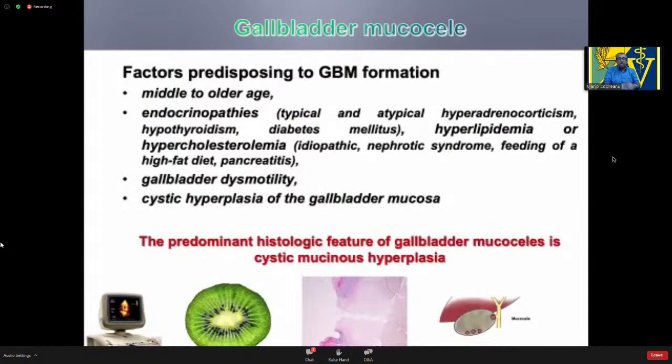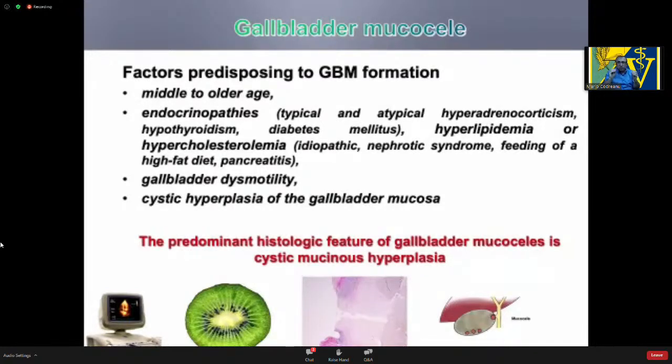We can talk here about a lot of predisposing factors for gallbladder mucocele formation. This one is in most cases registered in older dogs, but in a few cases can be registered even in middle-aged dogs, in association with different endocrine diseases, endocrinopathies.